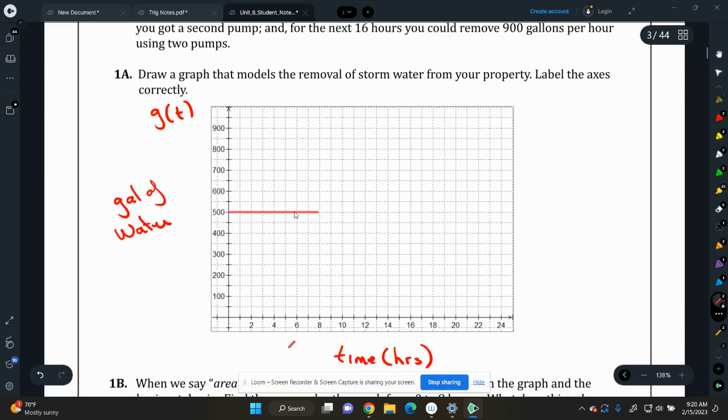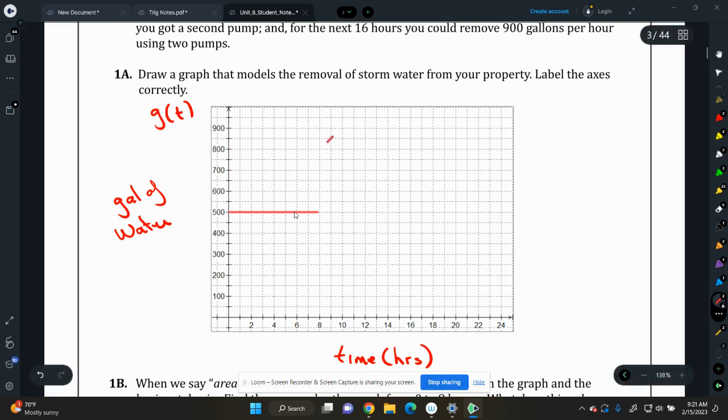You're thinking from 0, it's going to take 1 hour to get to the 500 gallons per hour, but it doesn't say that, right? It just says that it's for the first 8 hours. So it doesn't say that it takes time to build up to that.